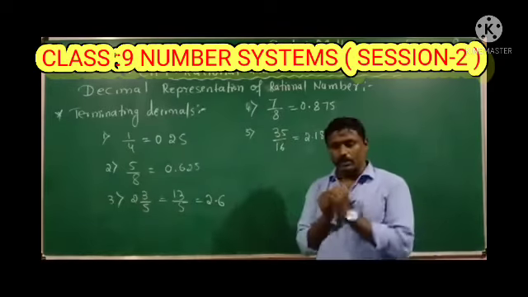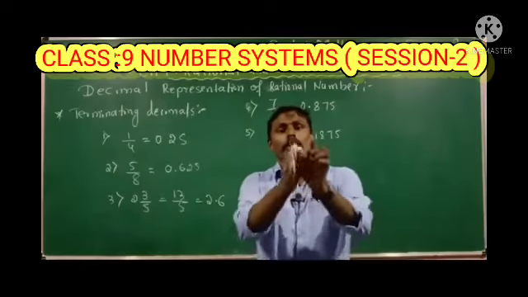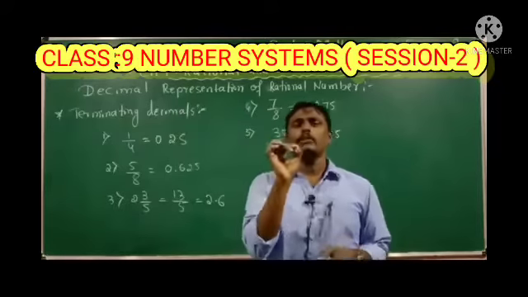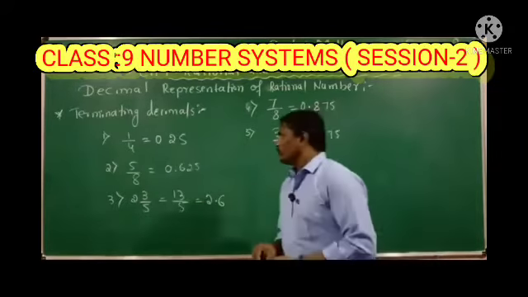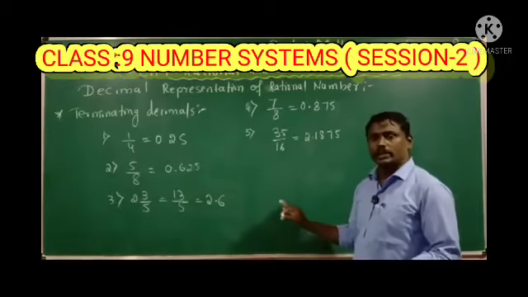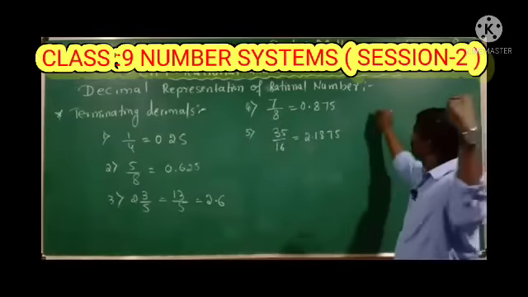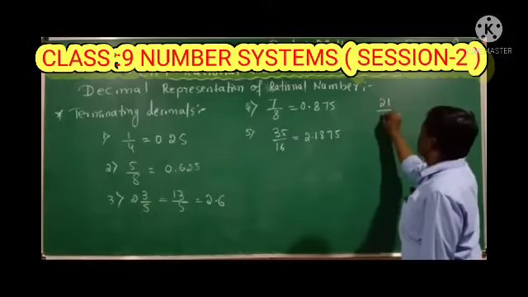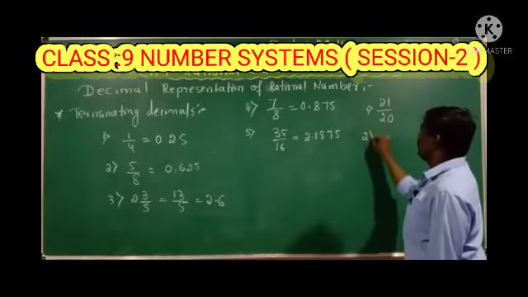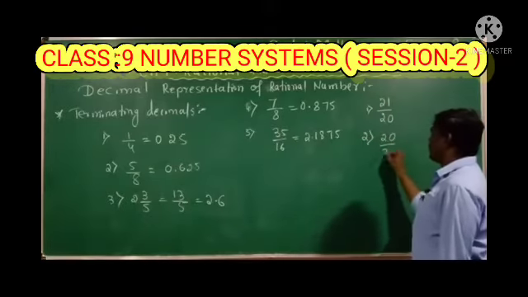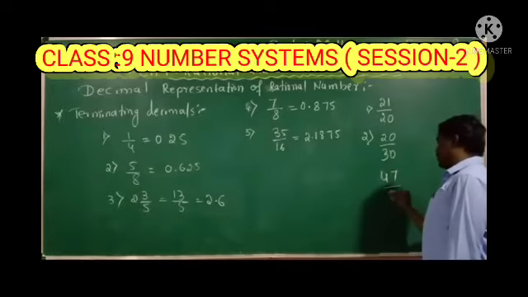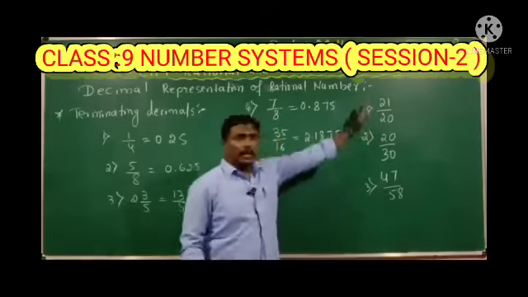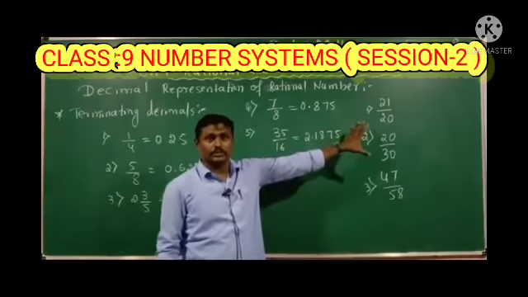Now, one important concept related to terminating decimals: how are we going to find out whether a given rational number is terminating or non-terminating? One simple method is there. Here I will take examples, right? If I take some random numbers, 21 by 20, 20 by 30, or 47 by 58, these are some rational numbers, or some fractions.